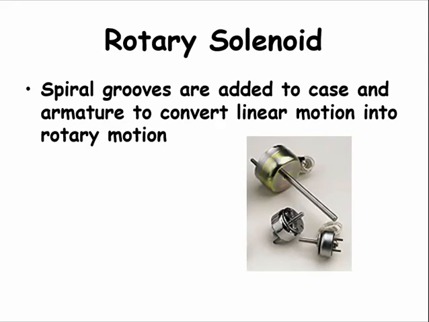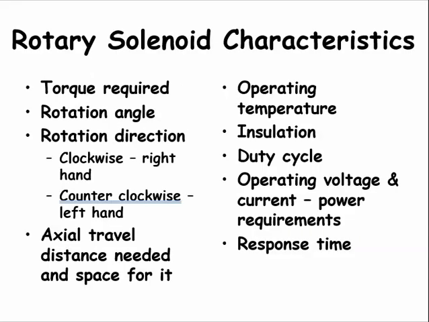So far I talked about linear solenoids. There are also rotary solenoids that produce a rotary motion. The rotary motion is commonly created by adding spiral grooves for the plunger to move through to create rotary motion. Here is a list of rotary solenoid characteristics to consider when selecting one.